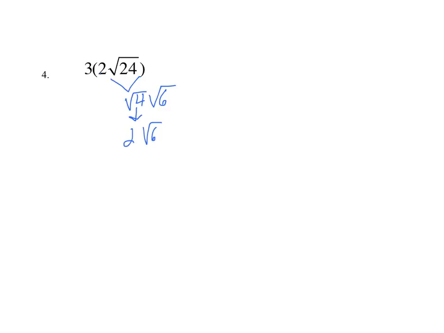And then 2 gets multiplied by this other coefficient that was there originally, and to the other multiplier that was there at the beginning. So now you've got 3 times 2 times 2, which is 6 times 2, so 12 square root of 6.